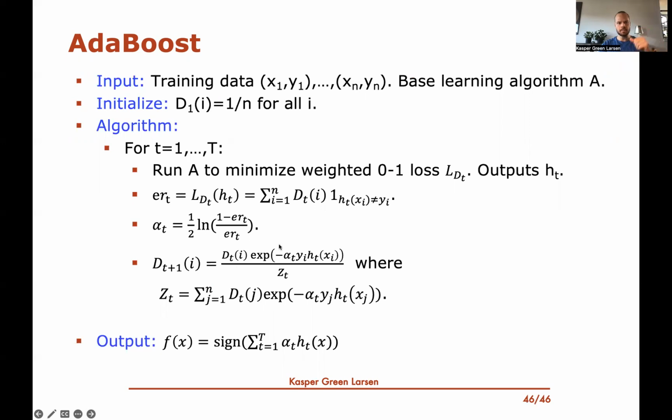You upscale the weight of misclassified points and you downscale the weights of correctly classified points. In the next video, we'll try to give some theoretical proofs that after enough rounds, this will produce a classifier that perfectly classifies all of the training data, as long as each of these runs of the base learning algorithm gives something that's better than guessing.